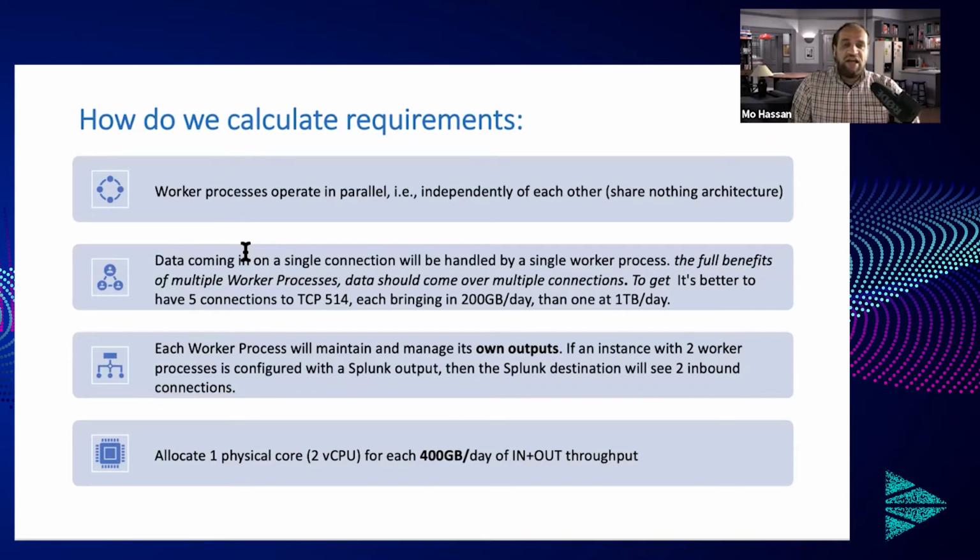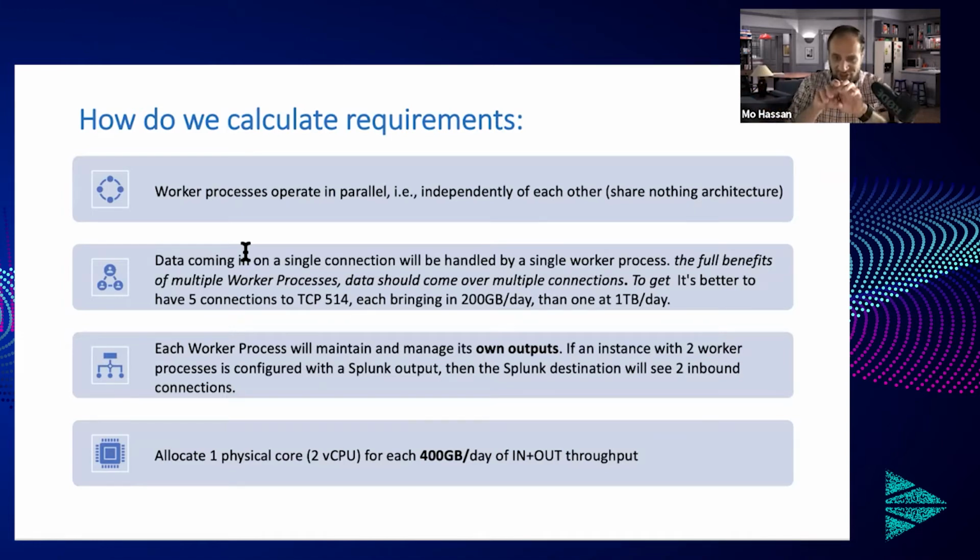It means if I have 1 terabyte of syslog, for example, that I want to send to my worker node, it is better to make those 5 connections of 200 gig each versus 1 connection of 1 terabyte. The more connections I create, the old term that used to be used in the past called muxing, MUX, where you can spread the load.